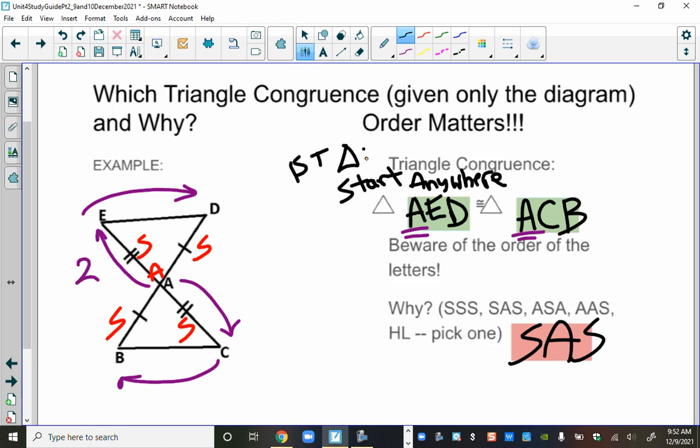And then once you determine the order, that's also going to help you determine which one of our congruences. Now, again, going back from last time, the example with this bow tie, I'm going to switch it up a little bit.